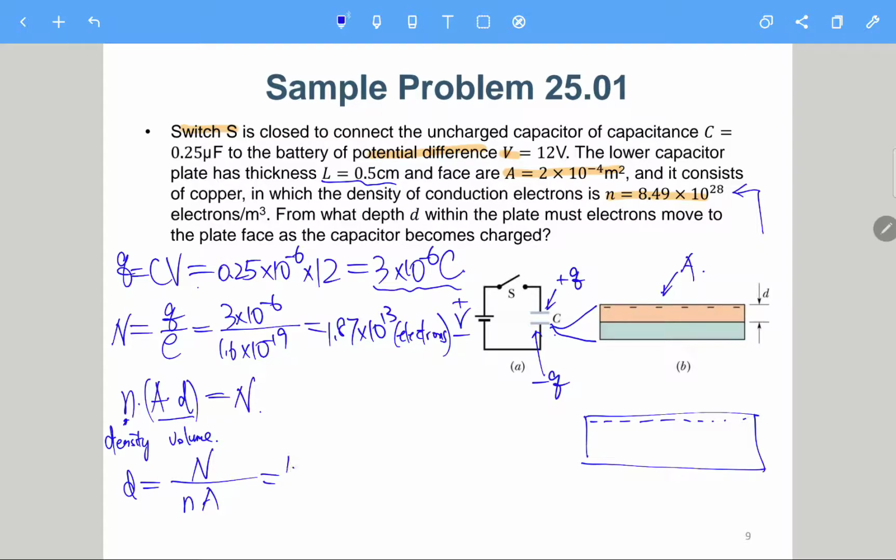So N is 1.87 times 10 to the 13, over n, which is 8.49 times 10 to the 28th power, and then A is 2 times 10 to the minus 4th. So it turns out to be 1.1 times 10 to the minus 12 meter, which is very thin. You can write it as 1.1 picometer.